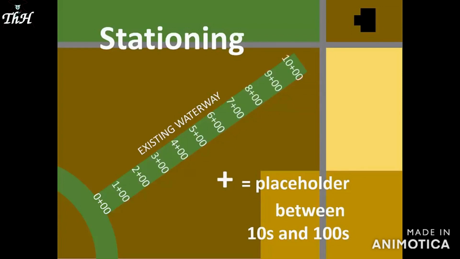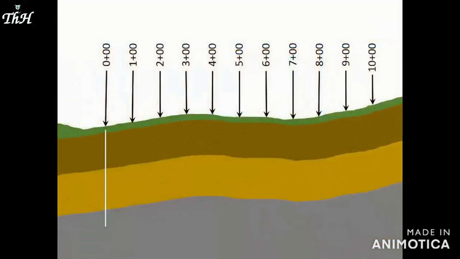Remember, the plus sign in this station is a placeholder between the tens and 100s places. So when we've measured 100 feet from the 0 plus 00 origin, we can mark that as station 1 plus 00. Station 2 plus 00 is 200 feet from the origin. Station 3 plus 00 is 300 feet from the origin.